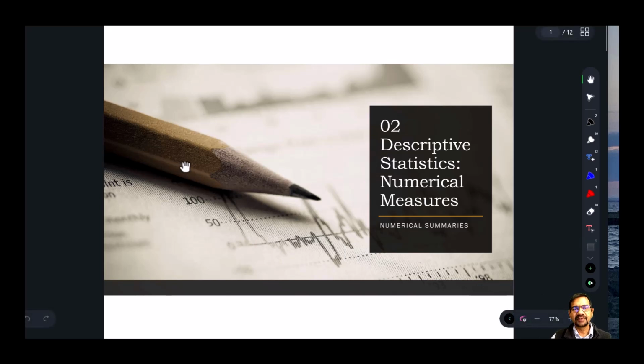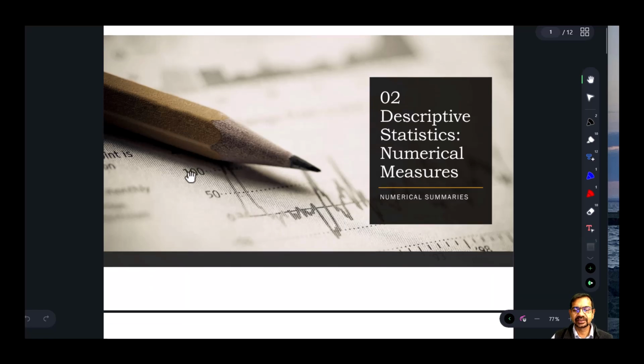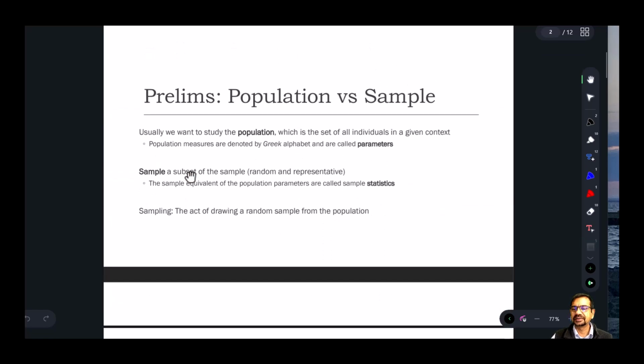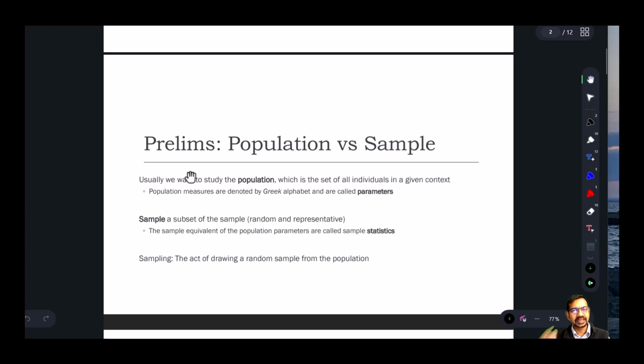So before we start digging into numerical measures, some basic preliminary concepts. In statistics, we are often interested in determining or studying or asking questions of population variables. So we're interested in studying the population, but very often we do not have access to the entire population.